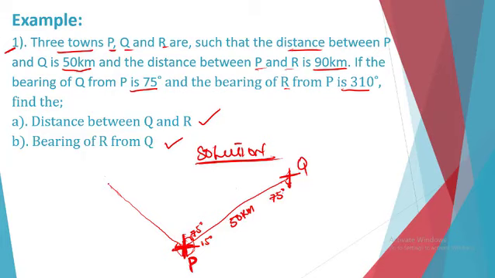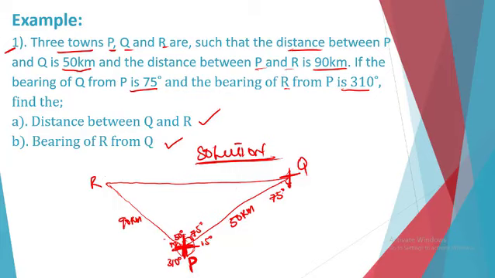Join this to this, and this is our angle R. 270 plus 40 gives us 310, so here is 40, and invariably the remaining part is 50 degrees. Do you understand now? This line is 90 kilometers.